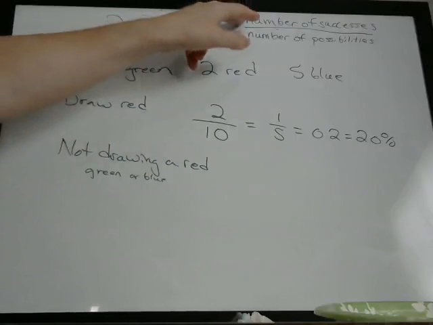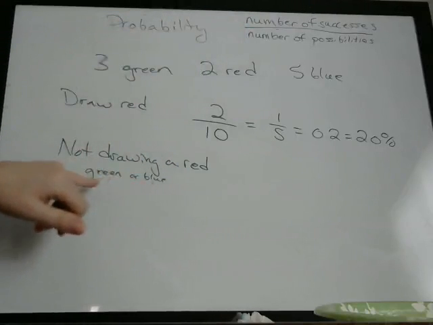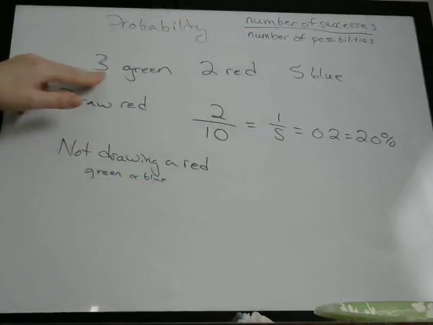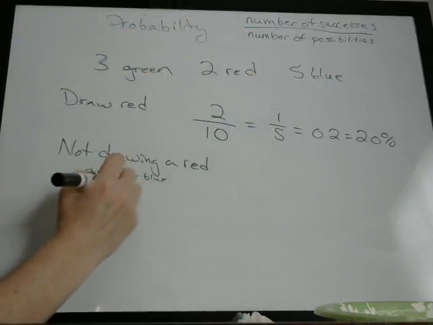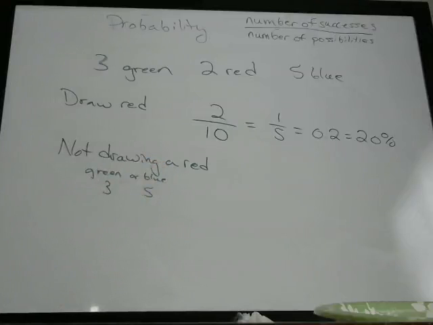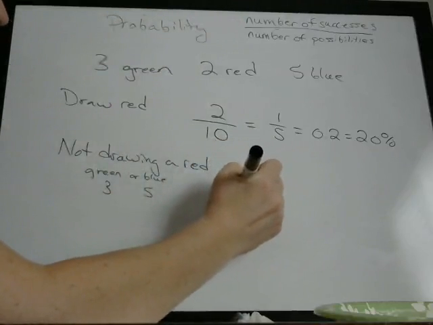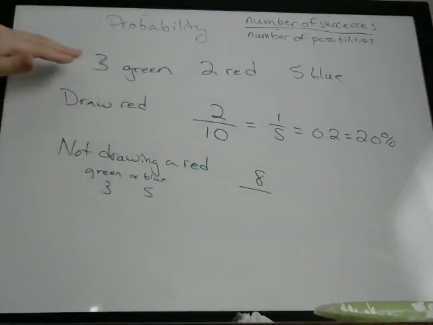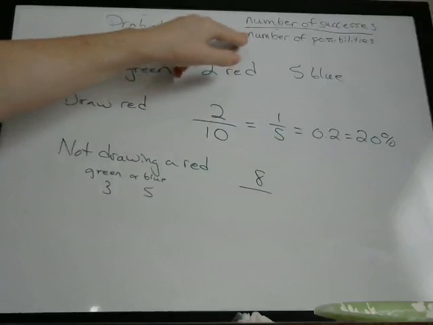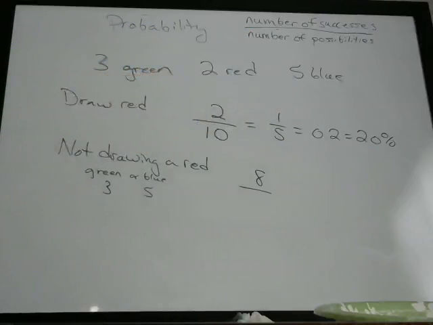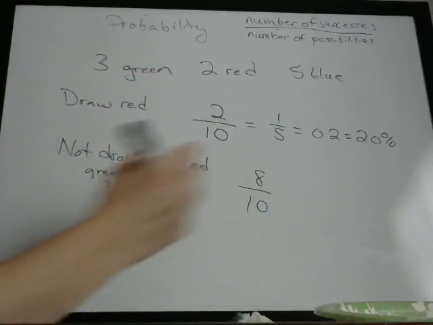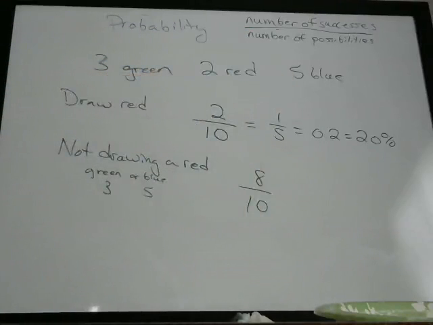So what's our number of successes if we want to draw a green or a blue? Well, there's 3 greens and there's 5 blues. So the total number of successes would be 3 plus 5. So there's 8 marbles we can draw out of this bag and still be considered successful because we haven't drawn a red. What are the total number of possibilities? Well, there's still 10 marbles in the bag. So it's a total of 10 possibilities.